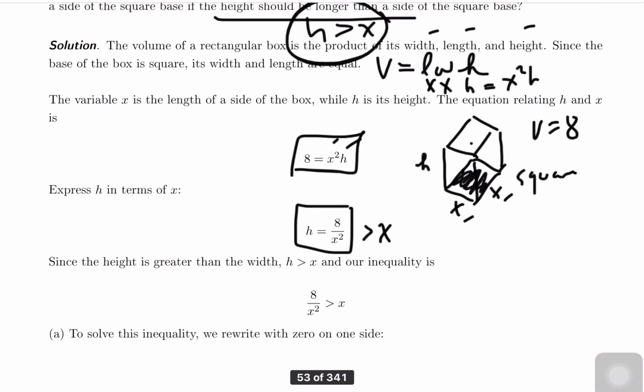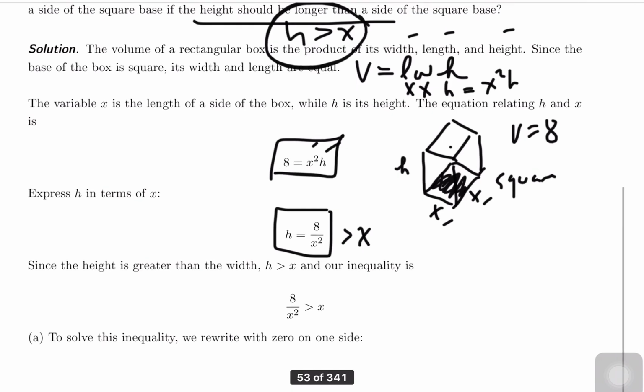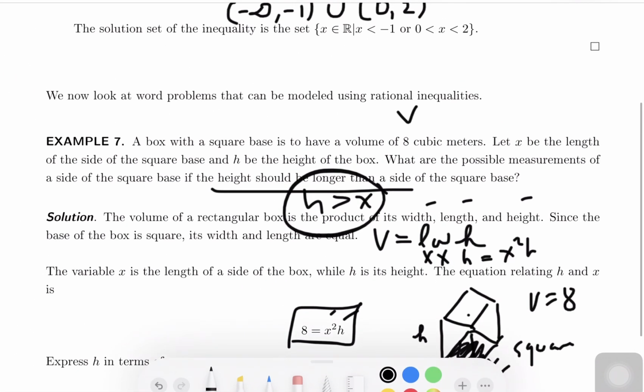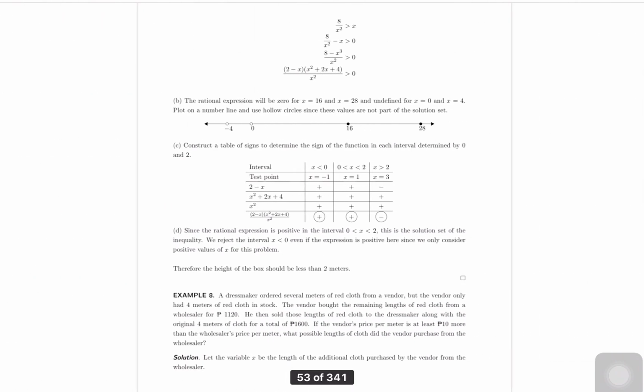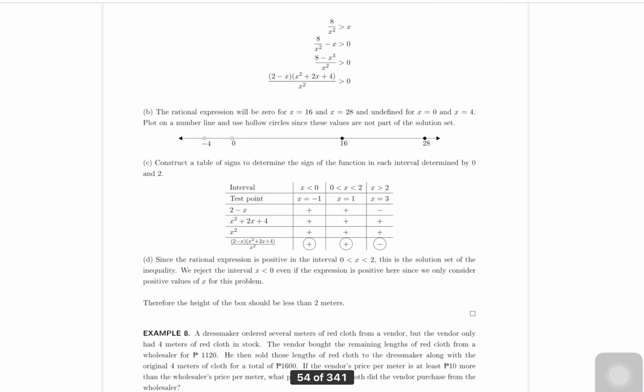Then we will now use our previous knowledge or discussion in solving for the possible values of x. Okay, so we have this.